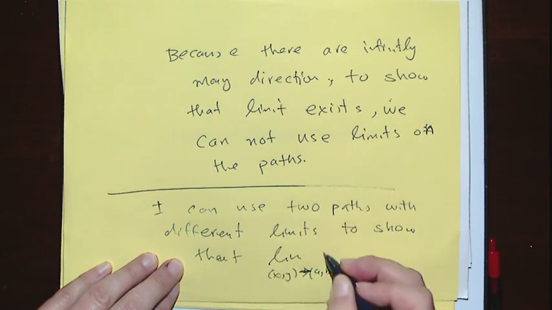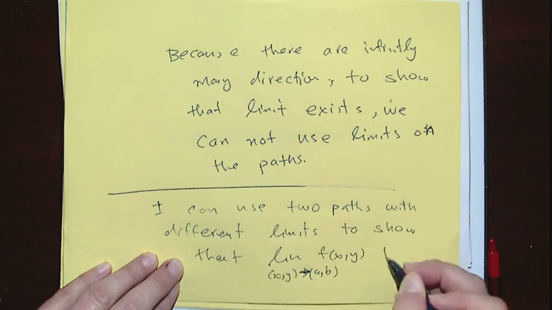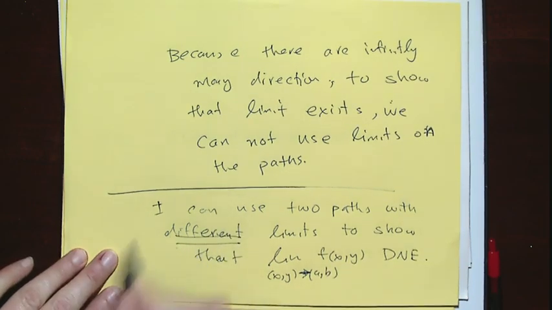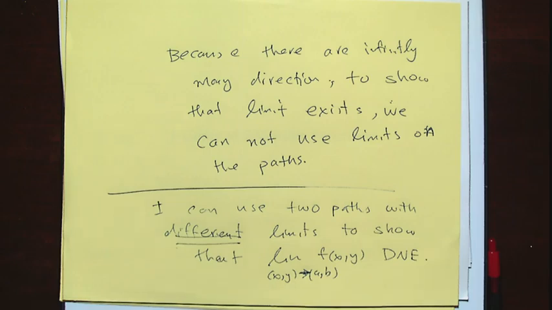That's an arrow, D and E. But there has to be different limits. Fair game?